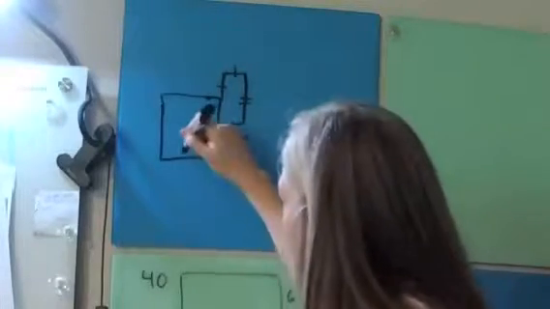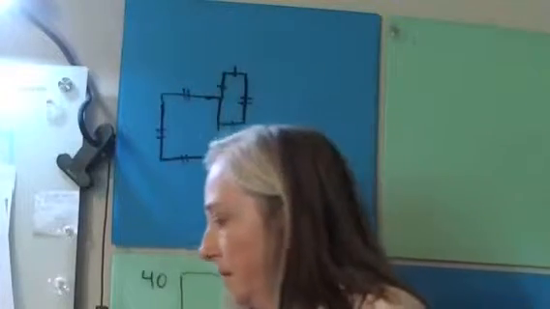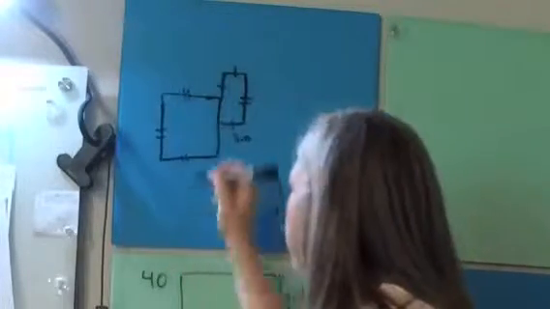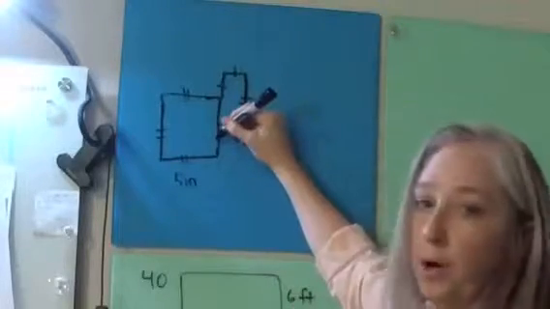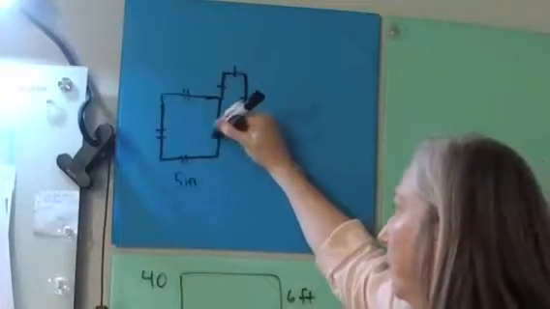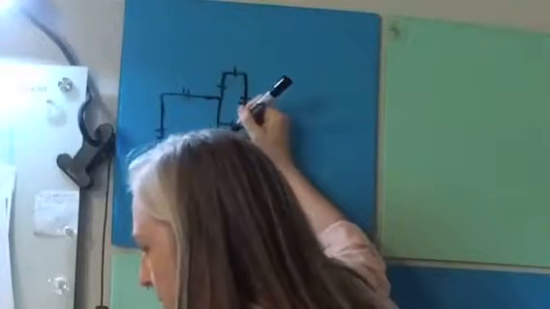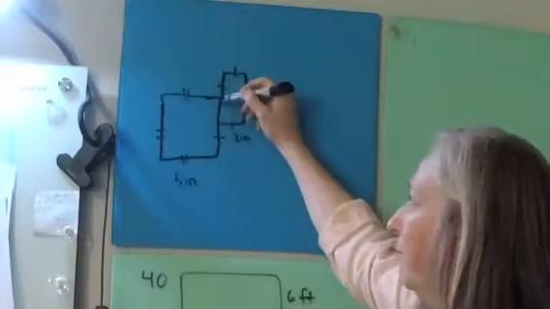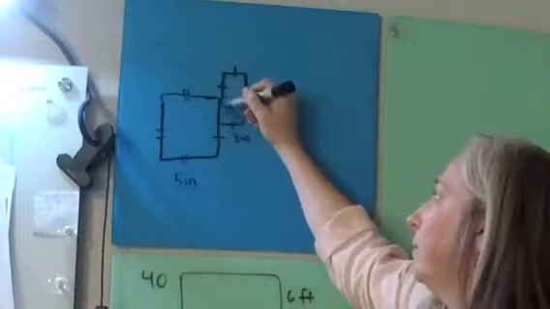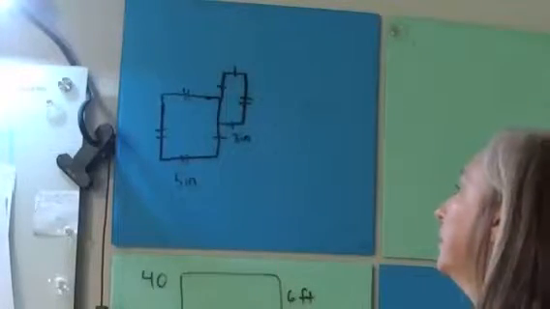The square is marked with all of these sides being the same, and it's 5 inches. Except for this part on the bottom of the square, which is marked here with 1 line going through it underneath, because we don't have information for this part where they're connected.